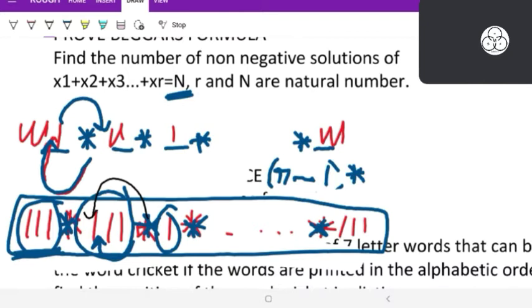Now here let me show you that this x1, x2 can be 0 also, because this is given non-negative, and this will also be satisfied.